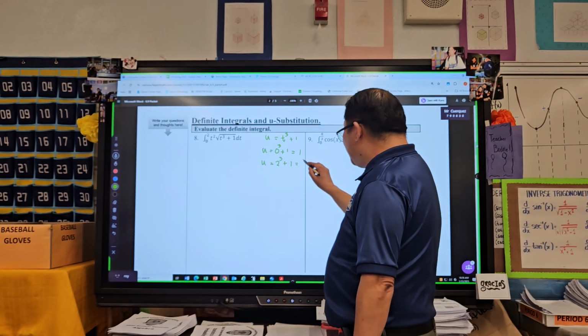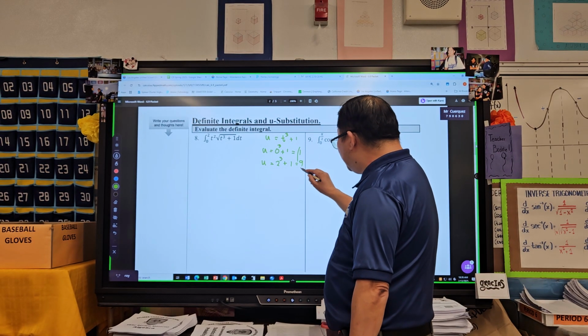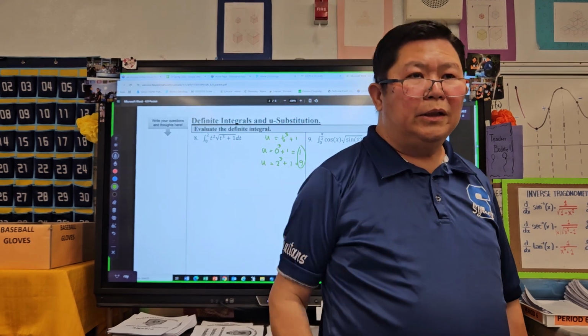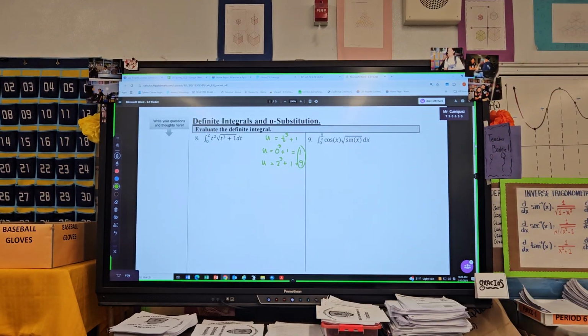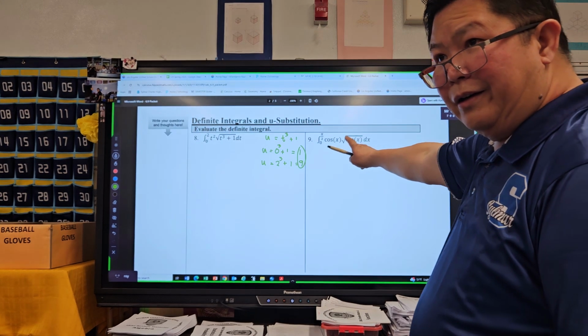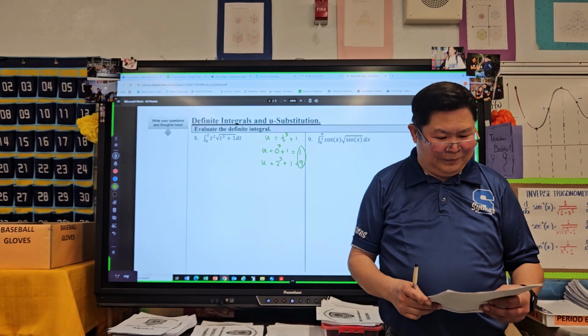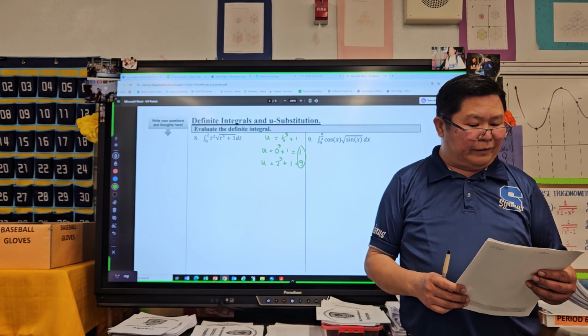So this changes the limit from 0 to 2 into 1 to 9. Is this clear? That's why I said pay attention. So that is now the limit.